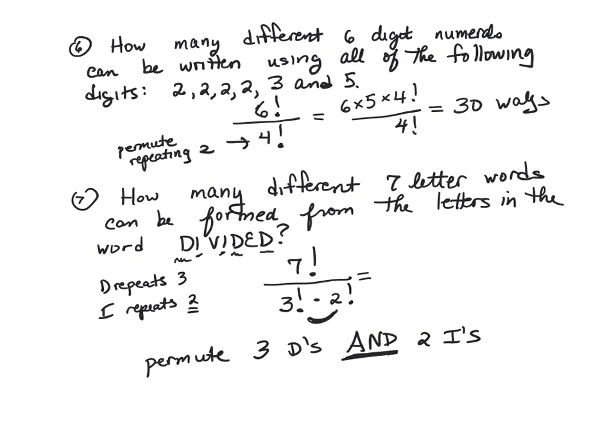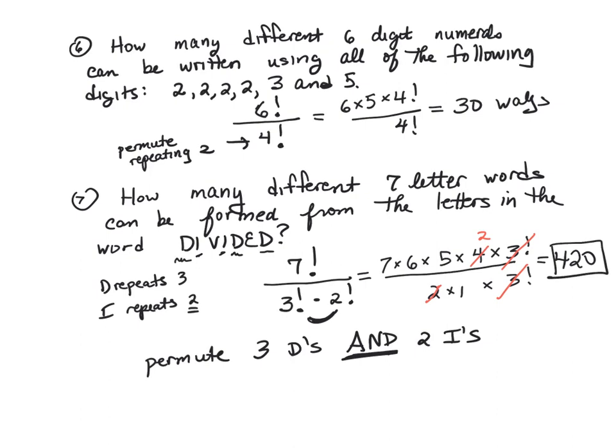And if we work this out, we get 7 times 6 times 5 times 4 times 3 factorial, all divided by 3 factorial times 2 factorial. I didn't write out the 3 factorial. There's so many ways to do this. These divide through. The 2 goes either into the 4 or the 6. I'll make it go into the 4. And when we multiply this out, our final answer is 420 ways.